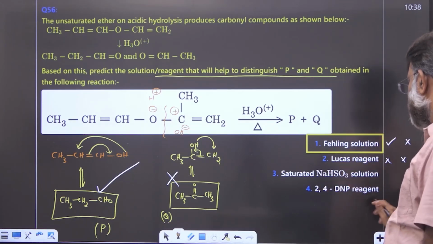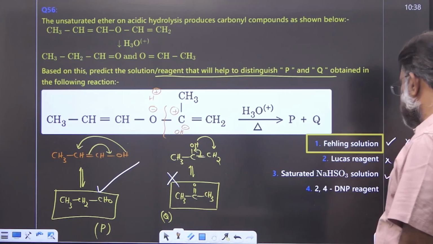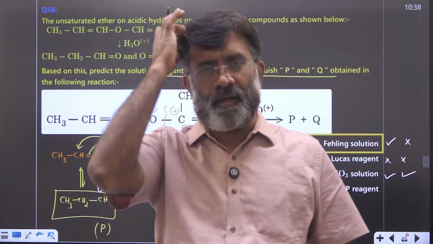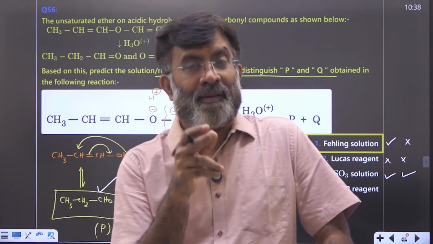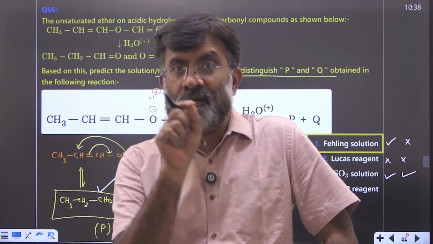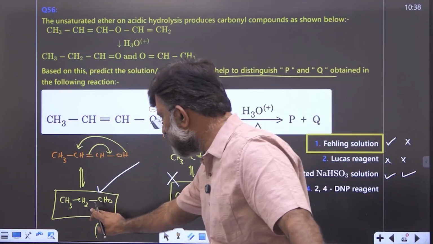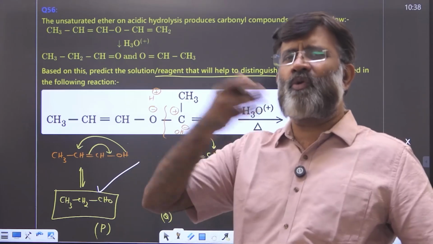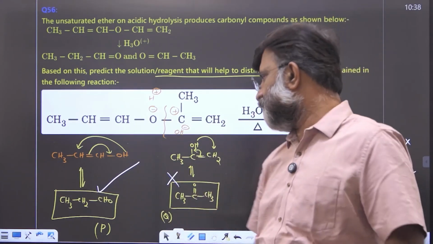And saturated NaHSO3, both will react. Once again, the reaction will be less with the ketone. It will react more with this, less with this. The equilibrium is more to the left side if you are dealing with the ketone, but it will react.